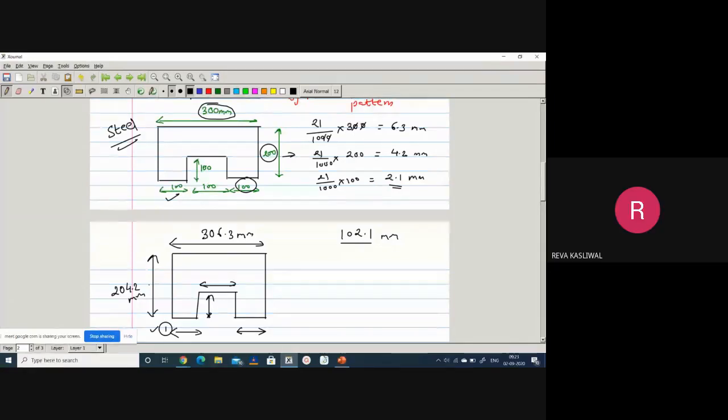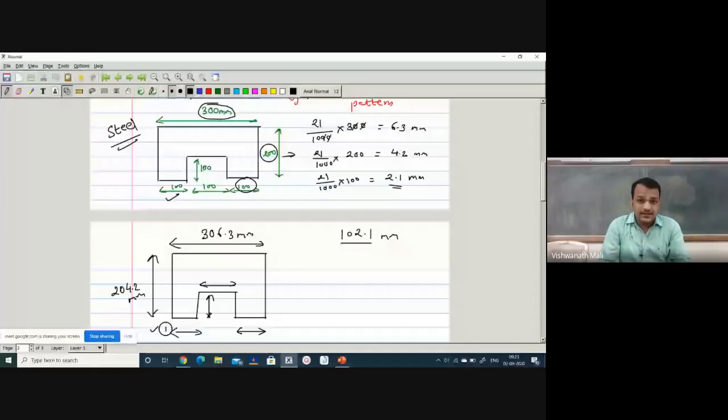So if the dimension is 100, with an allowance of 2.1 mm, its dimension will be 102.1 mm, and here also it will be 102.1 mm, right?